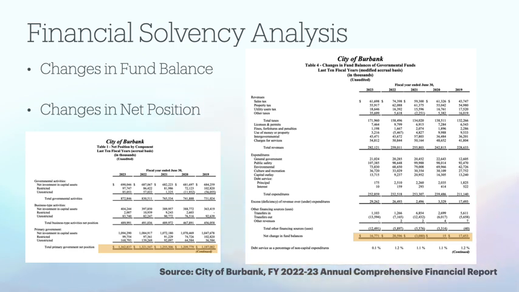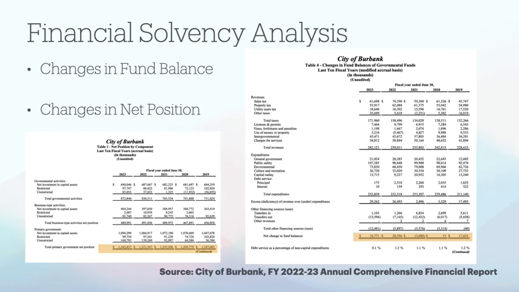These statistical schedules provide a 10-year snapshot of the City of Burbank's fund balance and net position. And as you can see, both schedules over time are trending upward. And this is another good indication outside of ratios that demonstrate the City of Burbank's financial solvency and fiscal health year over year.